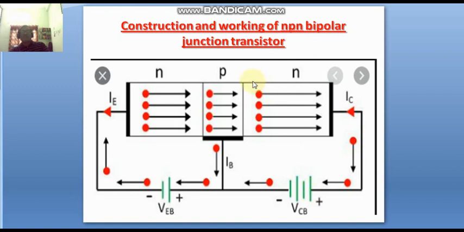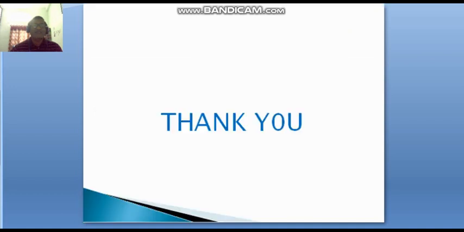Therefore the leakage current is always less compared to the direct current, so this can be neglected, even though the total current I is equal to I majority plus I minority. So this is all about the construction and working of NPN transistor. Thank you.